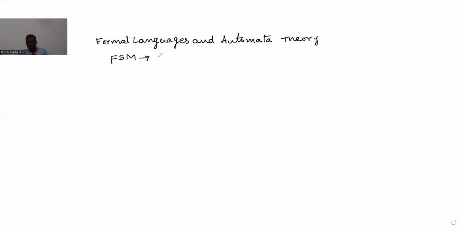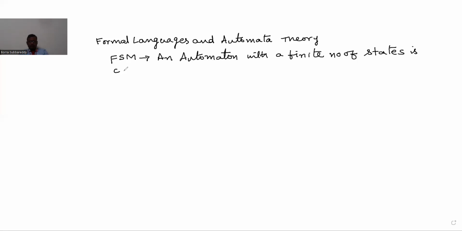So, what is the definition of finite state machine? An automaton with a finite number of states is called finite state machine.